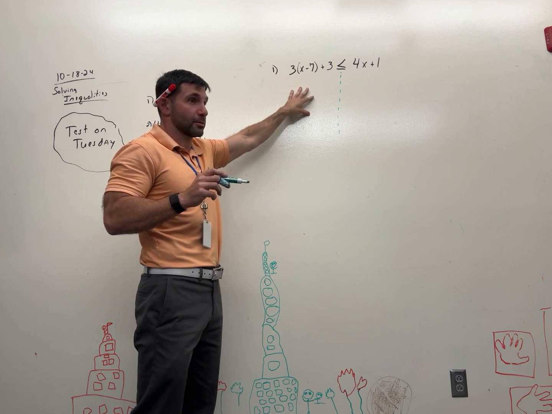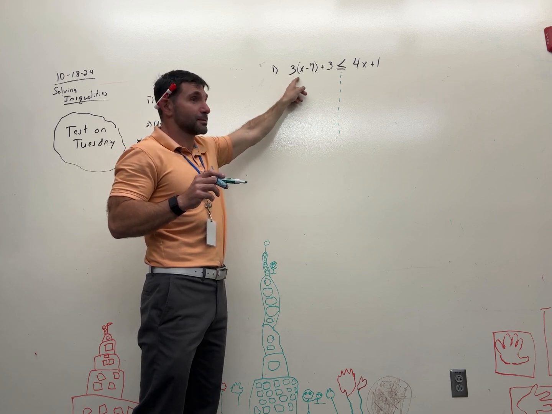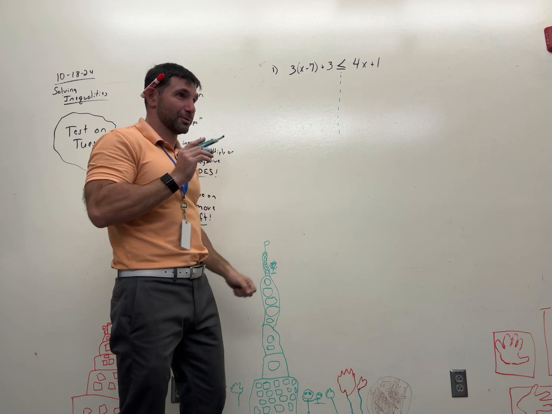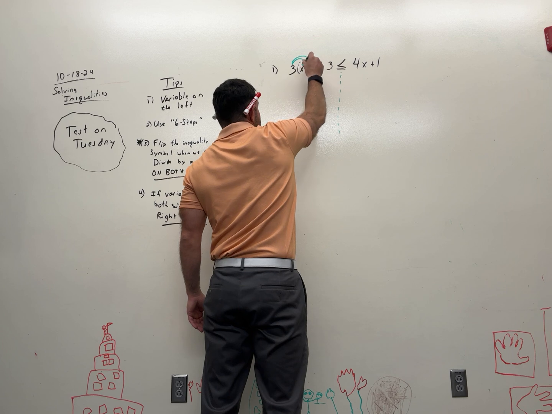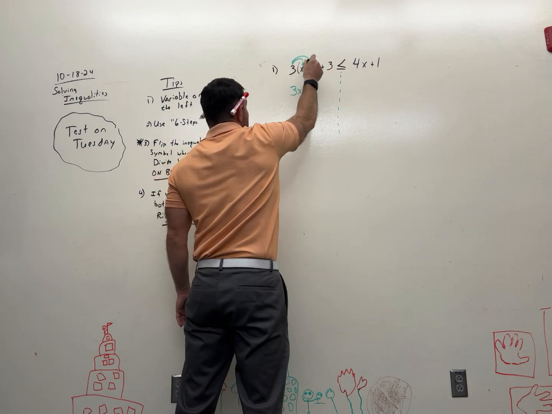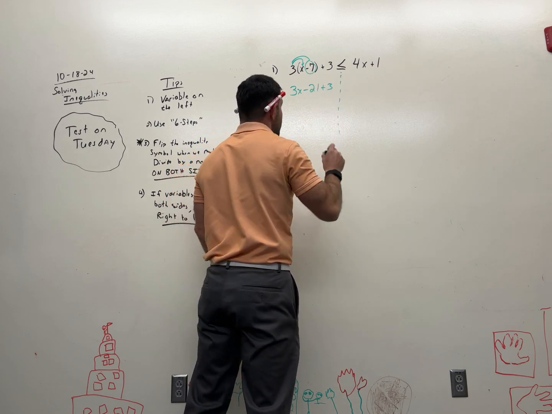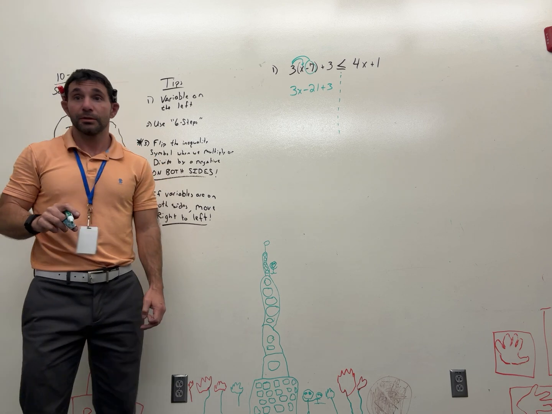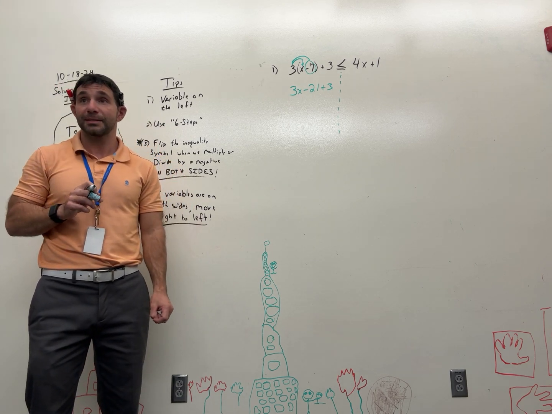What are these called? Parentheses. Once we know there's parentheses, we are going to be multiplying. 3 multiplied by x is 3x. 3 multiplied by -7 is -21, plus 3. So there's step 2. Step 3 is combine like terms on the same side.